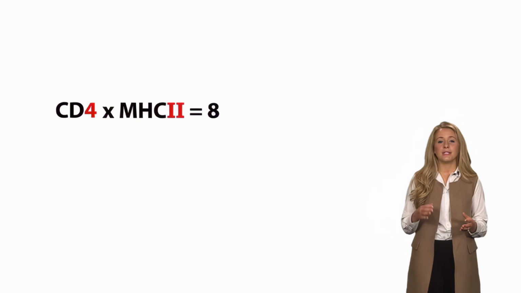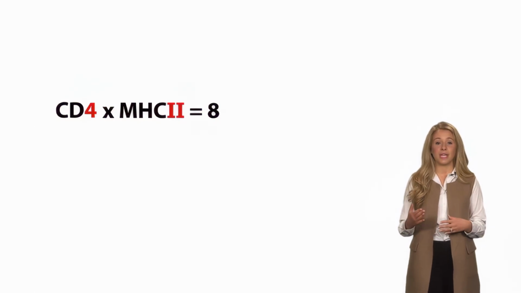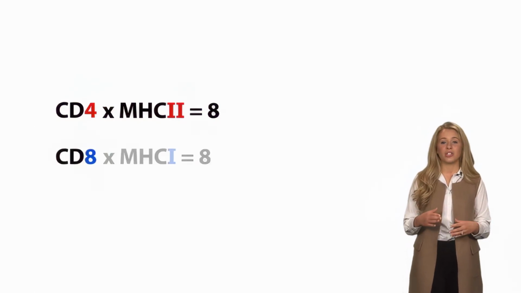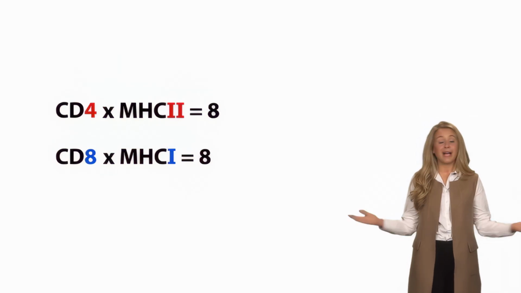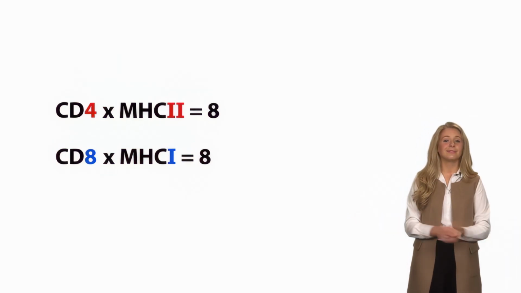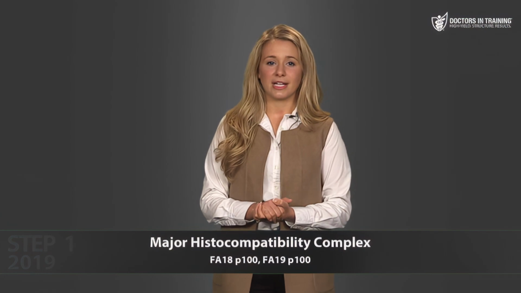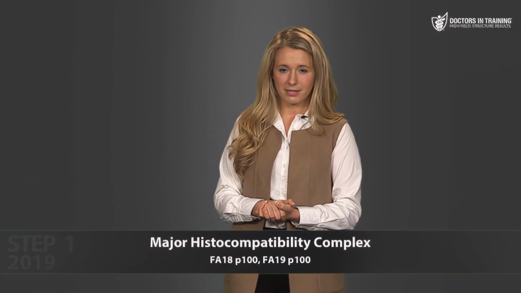It's pretty easy to keep this straight in your head. You just multiply the CD number by the MHC number, and you get 8. CD4 times MHC2 equals 8, and CD8 and MHC1 also equals 8. How convenient is that? Now let's dig into some genetics of the major histocompatibility complex.